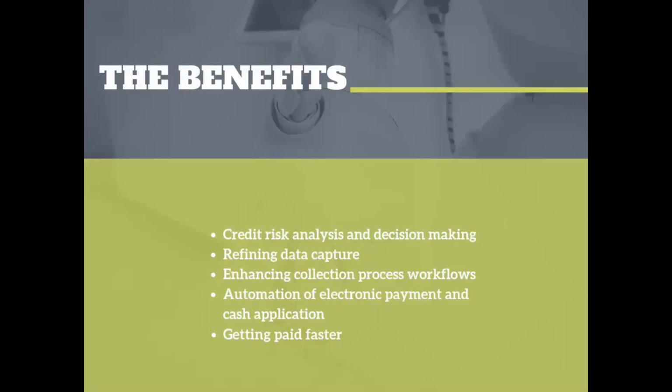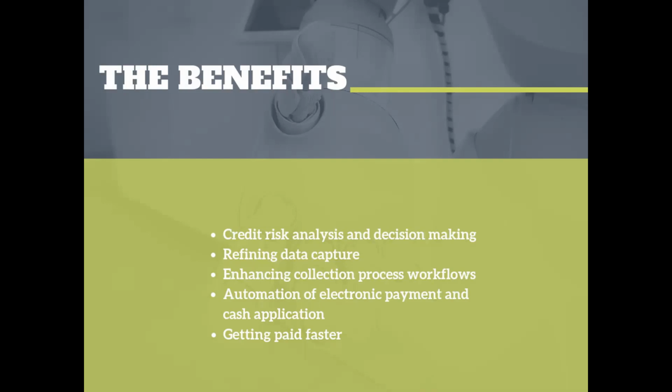So what are the benefits to having this in your accounts receivable department? There's a lot that robotic process automation can take over and put on autopilot for you, even beyond some of the examples that we gave you in the previous slides.